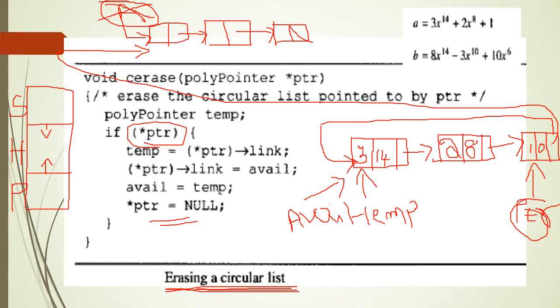If another program wants the same node, it takes that node from the heap and makes use of it, and once the usage is over, sends the free node back to the heap. This is how you are going to erase the entire circular single linked list which holds the polynomial.